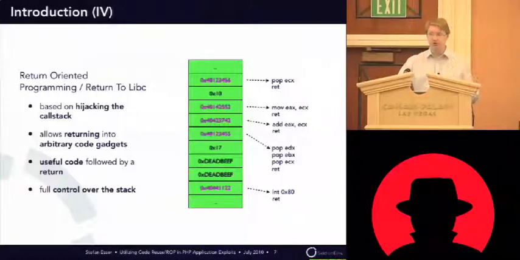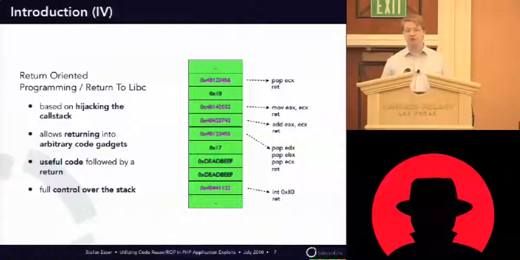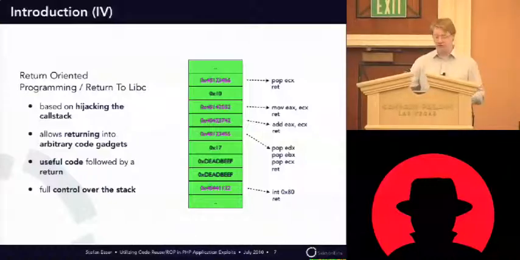The code you execute is most of the time some useful instructions followed by a return. In order to do this, you need full control over the stack. The example just shows one of the possible stack frames that could be used for return-oriented programming. In this case, it's some kind of system call that is executed.